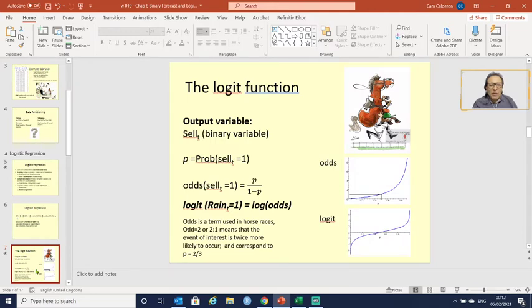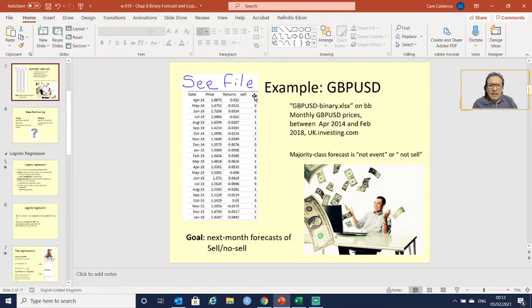Okay, so here we have the logistic function. So all of this is possible. The binary outcomes are possible because someone designed a logistic function. So let's see how it works. First of all, we have the variable sell, which is, remember, this column with zeros and ones, 0 for no, 1 for yes.